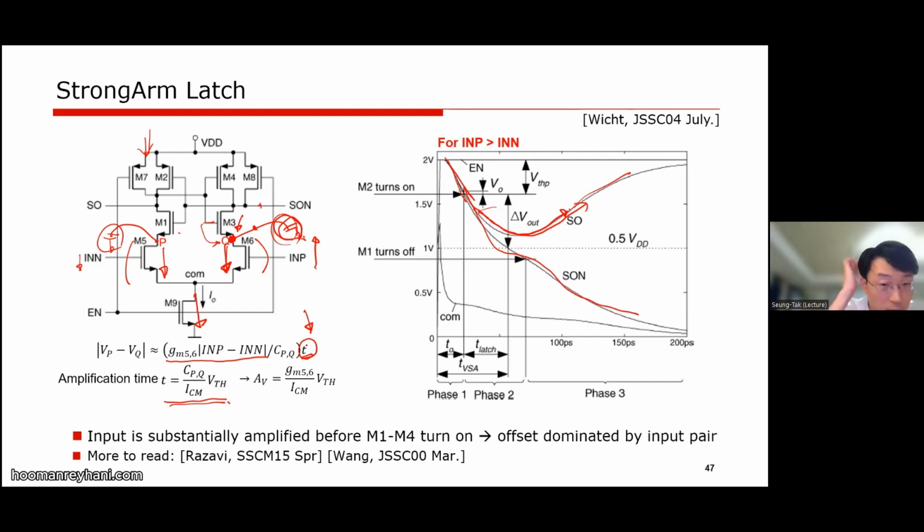When the node voltage here is discharged with this current by this much threshold voltage, then we have just the maximum gain there, and then the gain will not change that much. Okay, so by putting this time here, we can calculate the gain, and the gain can be found like this. As we have a smaller current through the transistor, and as we have a larger GM, and as we have more voltage drop, then we can develop more output signal. So the gain will be determined this way.